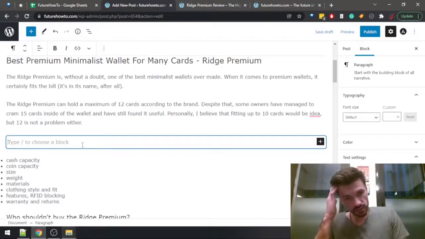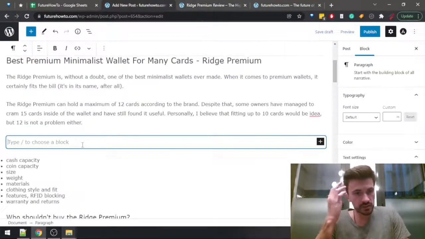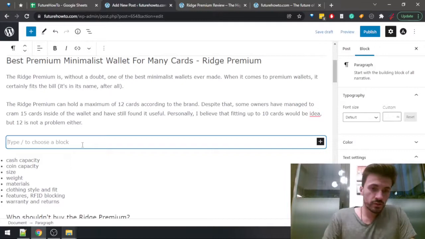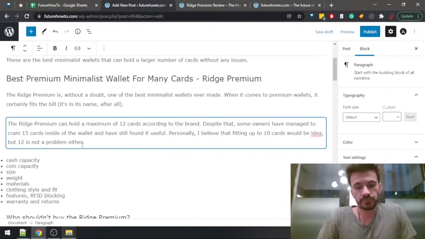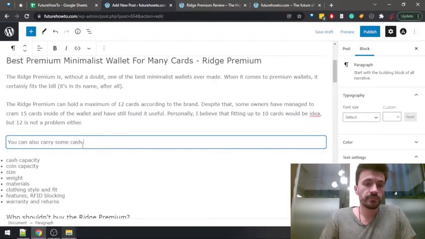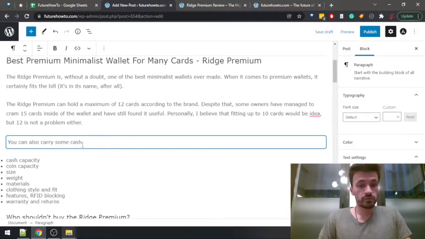I don't really cover the cash capacity in my review, so I'm just gonna say you can also carry some cash with this wallet, although you won't be able to carry a ton of it.